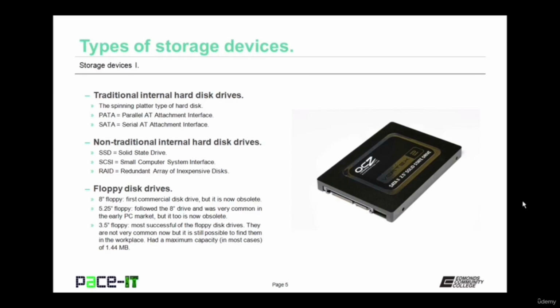It was replaced by the 3½ inch floppy, the most successful of all the floppy disk drives. Now they're not very common, but you may still come across one in the workplace, so you need to know about them. They had a maximum capacity of 1.44 megabytes.